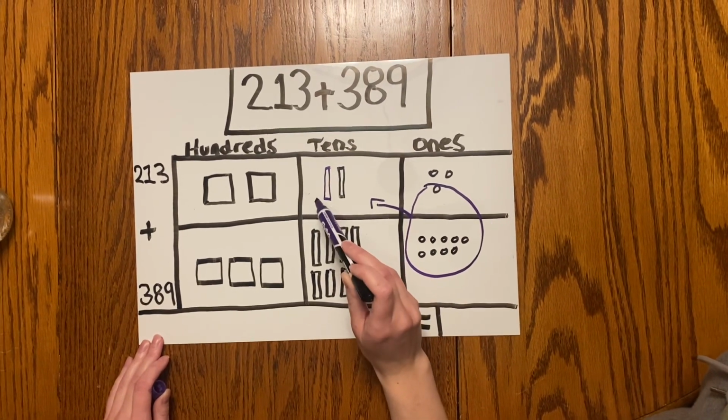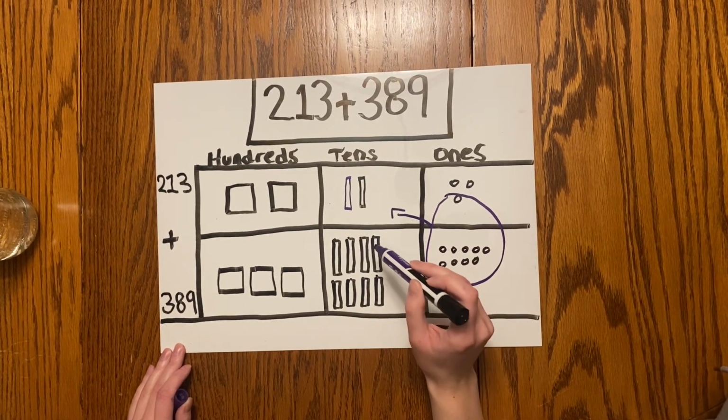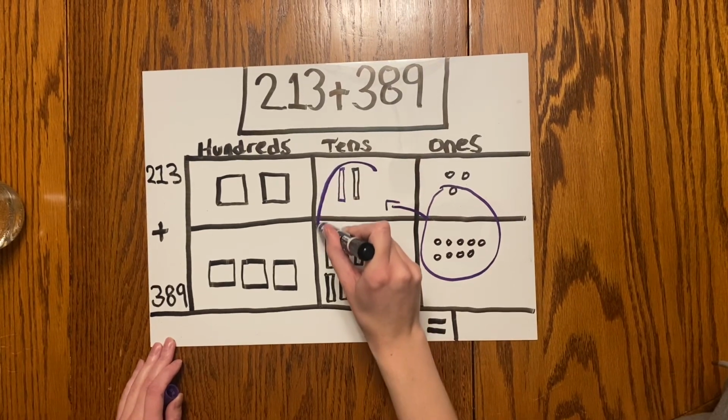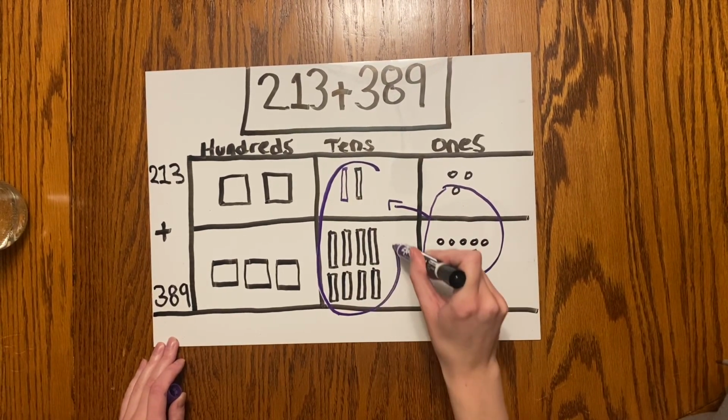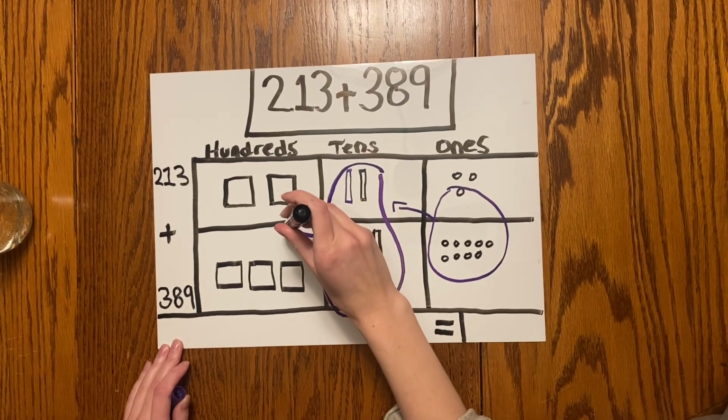Then next we have 2 plus 8, that gives us 10. So because we have 10 rods of 10, we can actually trade all 10 of them again for just 100.